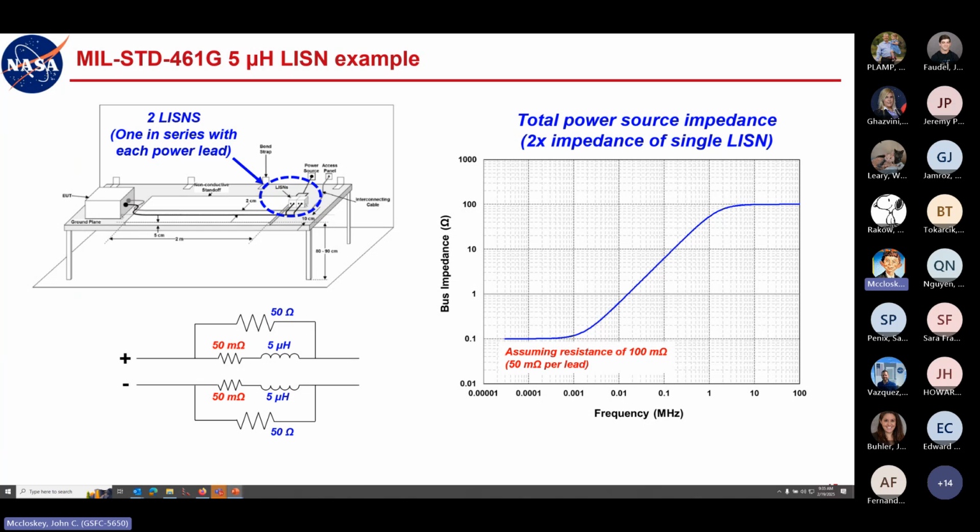So it's just something to look for when somebody specifies a LISN impedance. If you see a resistance on this order, and I've seen resistances of 100 milliohms or more, it's an indication people may not really be thinking too much, that they're using some default LISN that they've always used. So anyway, I'm just going to use this for the sake of discussion.